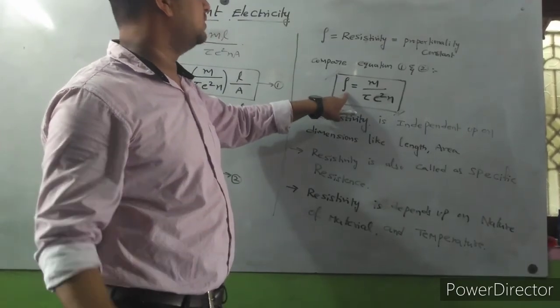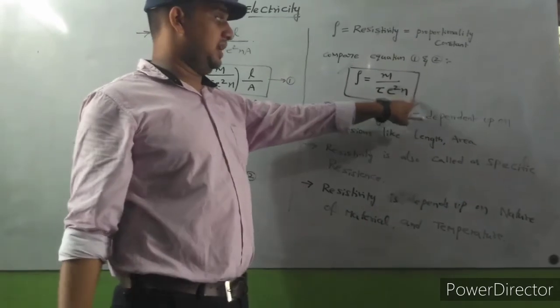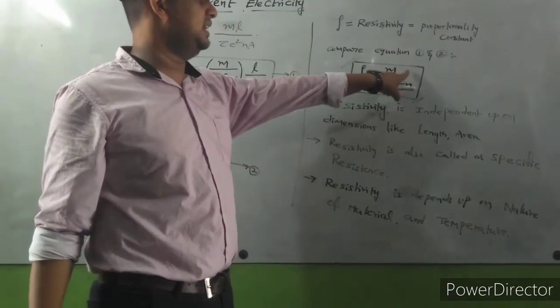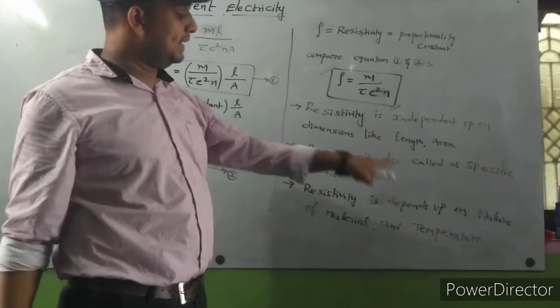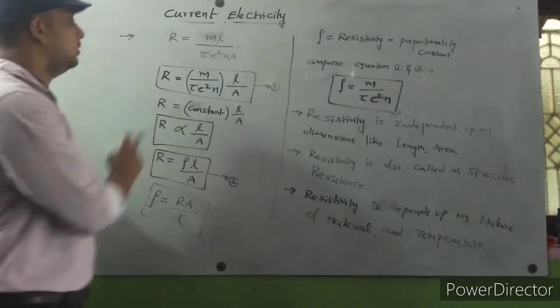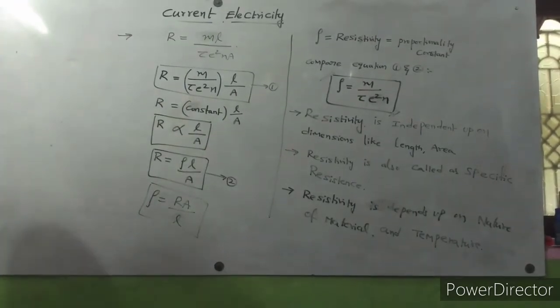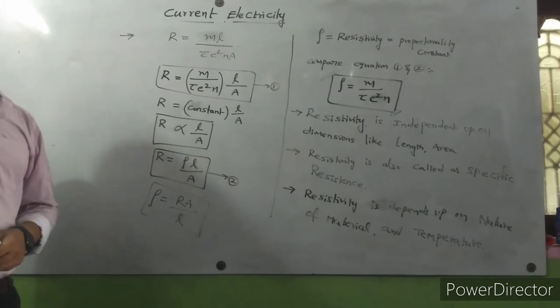The specific resistance formula is m by tau e square n. That means resistivity is independent of length and area. Resistivity depends upon nature of material and temperature. So this is the overall concept about resistivity. Next we are going to discuss conductance and conductivity.